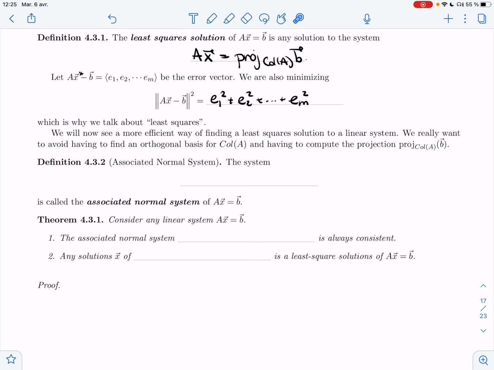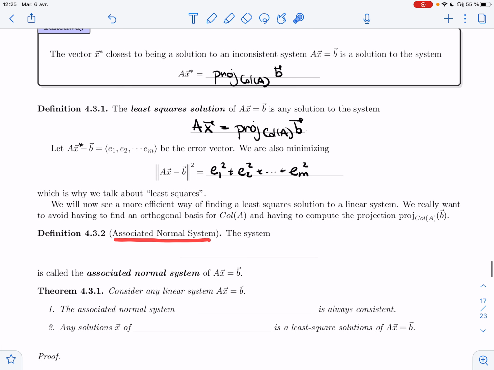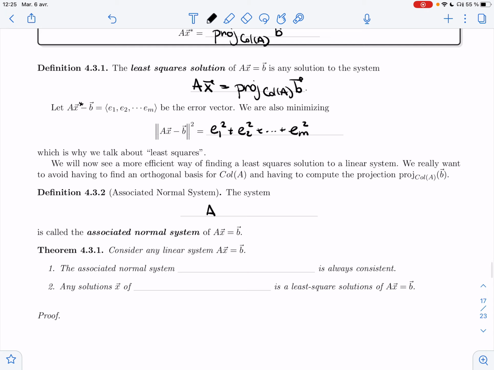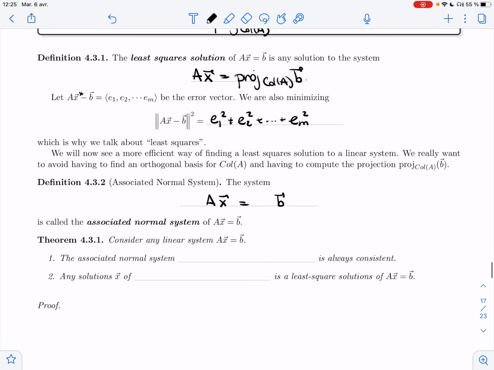So one thing that's really smart here, this is definition 4.3.2, it's called the associated normal system. Instead of looking at Ax equals b, we're going to multiply the whole system by A transpose. All right, that's called the associated normal system of Ax equals b.